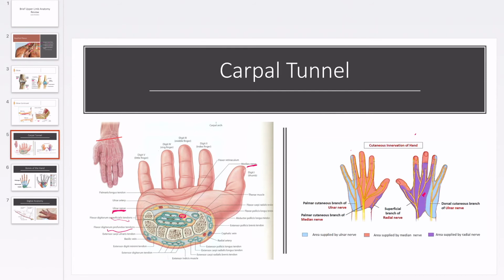So you can see that there's not a lot of space for this all to go along. A lot of people can have some damage and irritation when this all gets a little bit inflamed. That can happen from things like typing at a desk, or the angle of the wrist just not really being as proper as it can be.